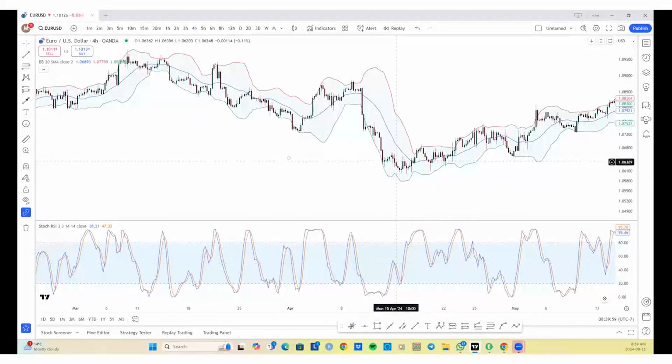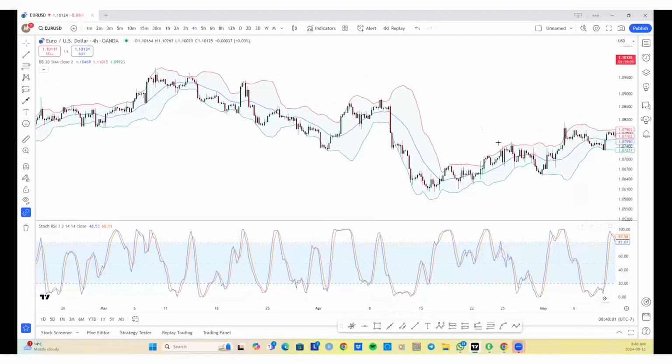So here, I can just show you with the eyes. Hector mentioned oversaturation. Here we have the overbought condition, and at the same time we had this opportunity.